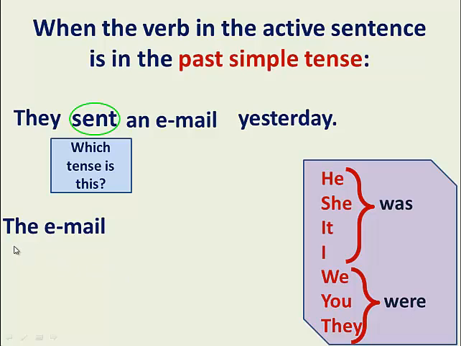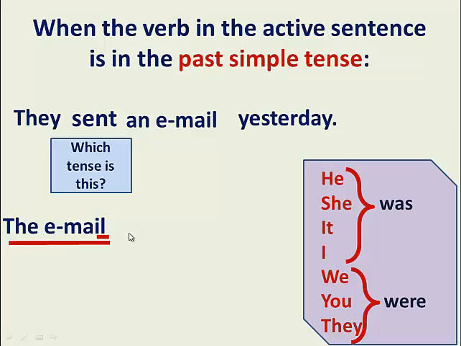So the question to be asked here is, is this subject singular or plural? The email. Notice that the email is singular. And if I want to use a pronoun to replace this noun, I use the pronoun it. So the verb to be in the past with the pronoun it is was.